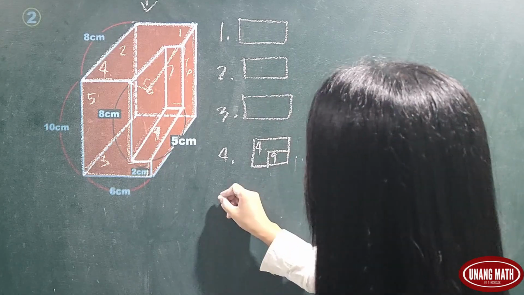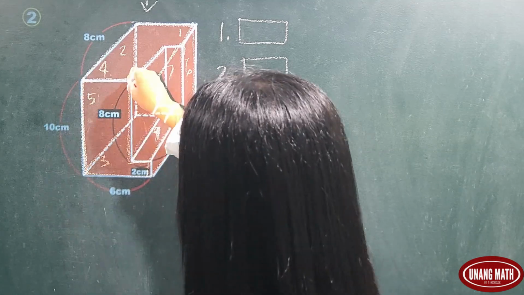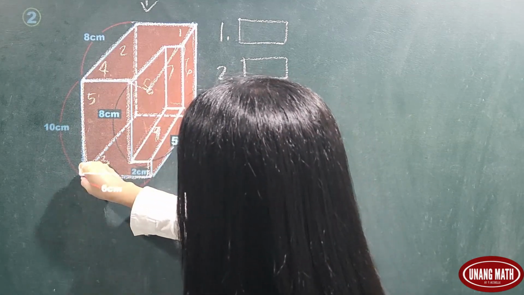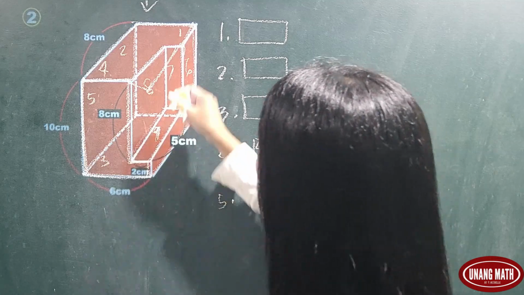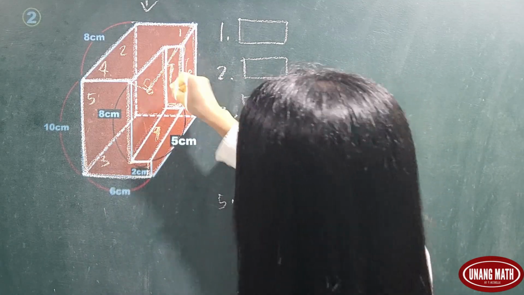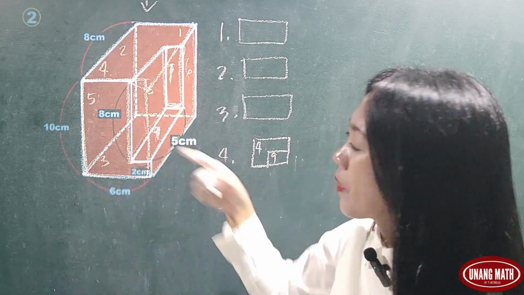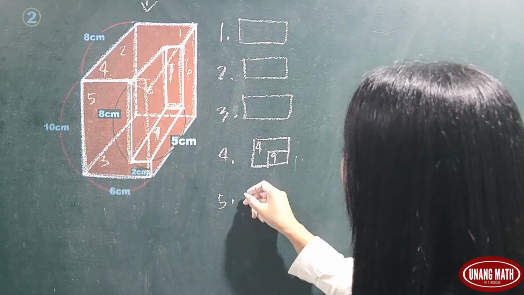What about another one? When you look at this face labeled 5 and this face labeled 7, combined together, we created another rectangle.